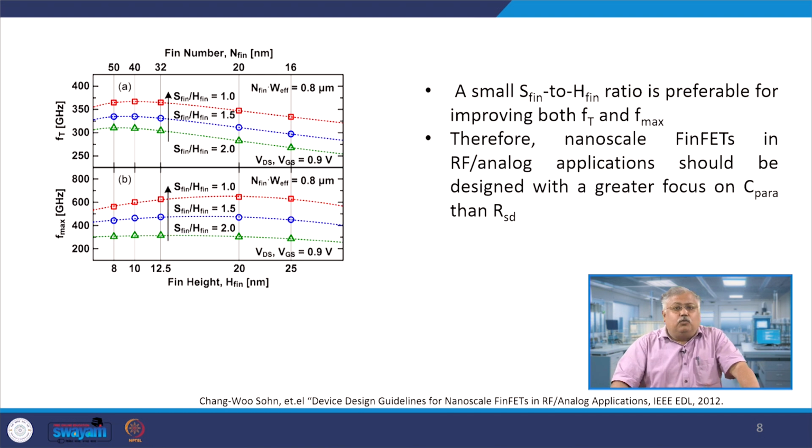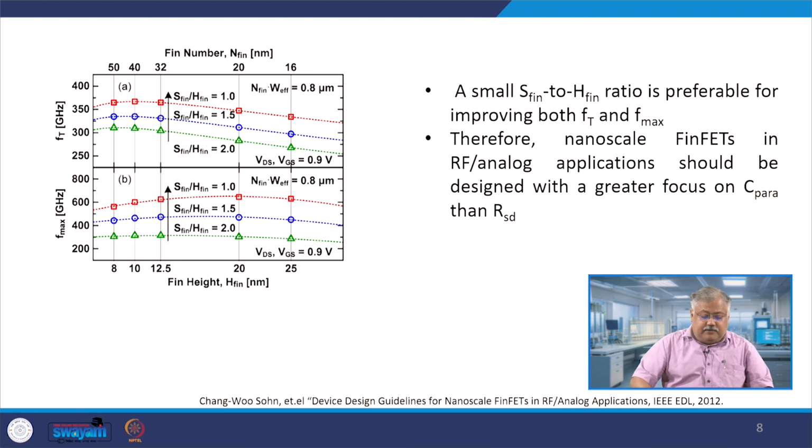So, when you want to design a very small or very low dimension FinFET for RF and analog application, we should focus on the parasitic capacitances rather than on the absolute value of resistances. Resistances do not go down very heavily, whereas parasitic capacitances go down very fast.